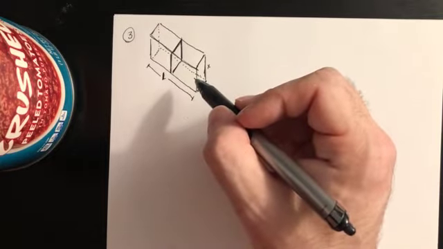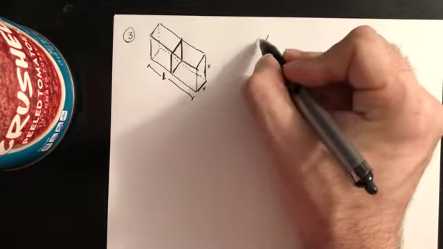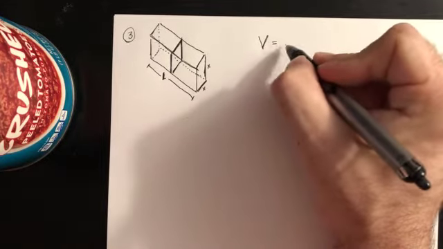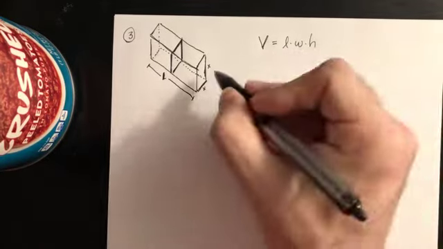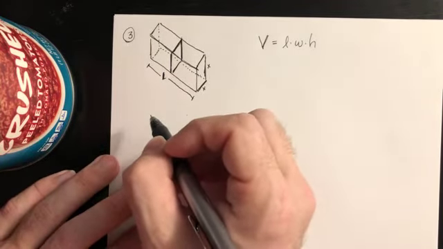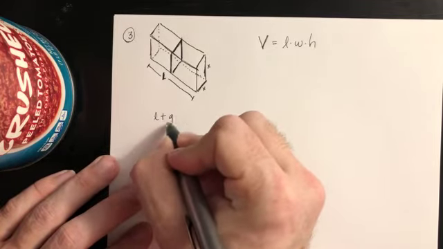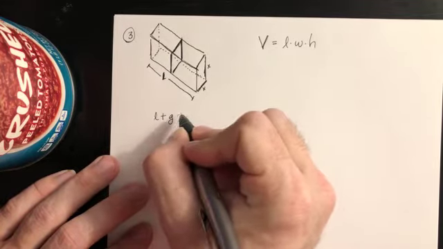Okay, so they want to find the largest possible volume. So volume is what we're looking for, length times width times height, right? It's a box. And what they gave me was that the sum of its length plus its girth does not exceed 90.